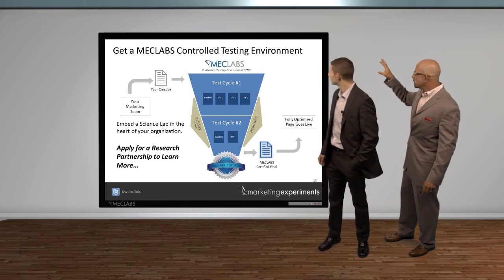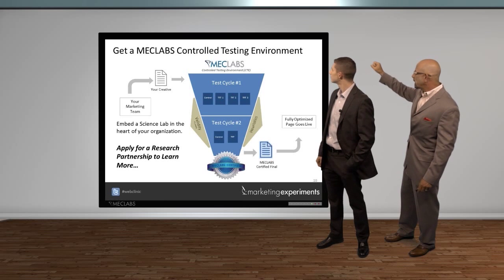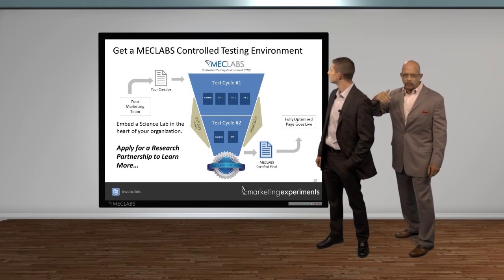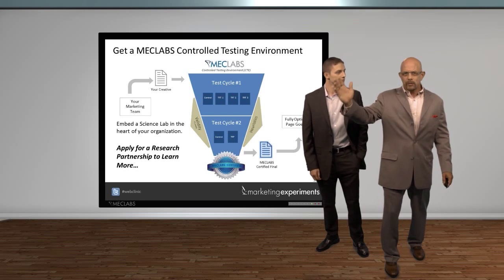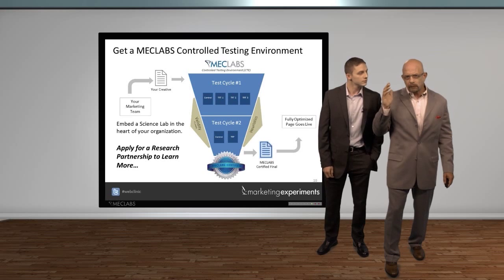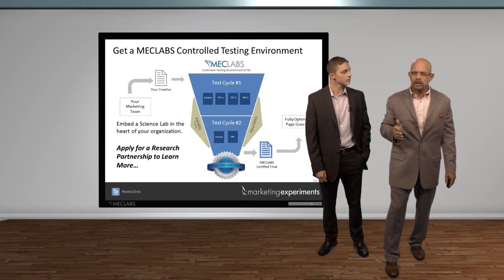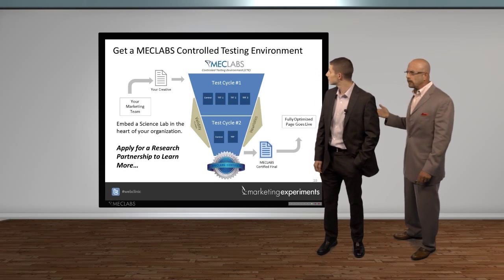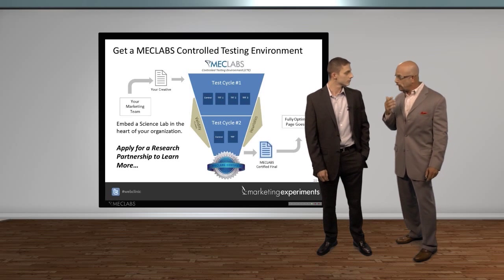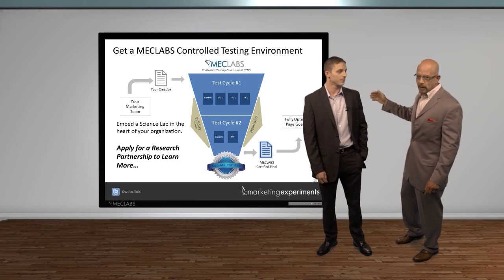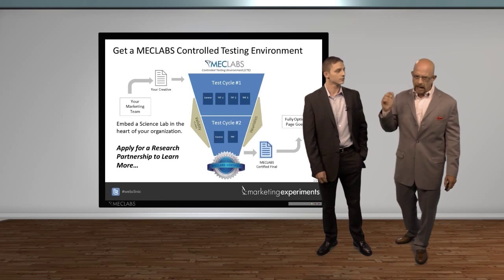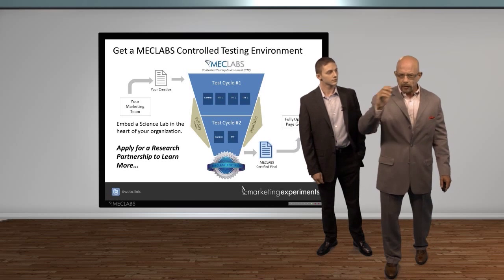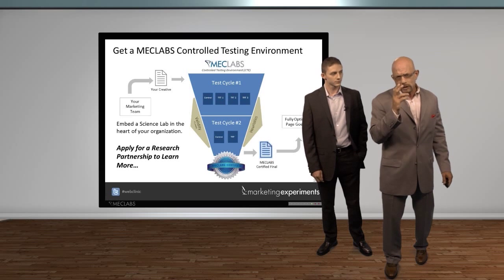In a test cycle here where we have multiple versions being tested, refined, and tested against each other, where all creative passes through the CTE, the control test environment, before it goes live on the site, what you're achieving is a level of certainty about a page before you invest the time and resources to go live with it. So we flow this through this, and we certify this process because we have scientists and analysts analyze the data sets and all the information to make certain that you can depend on it.